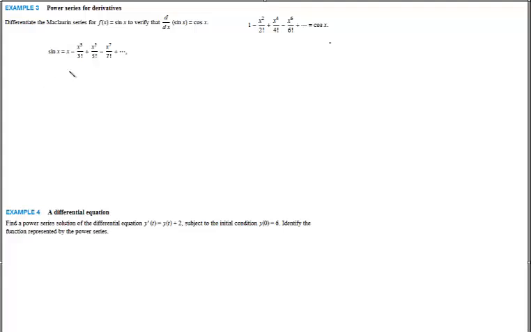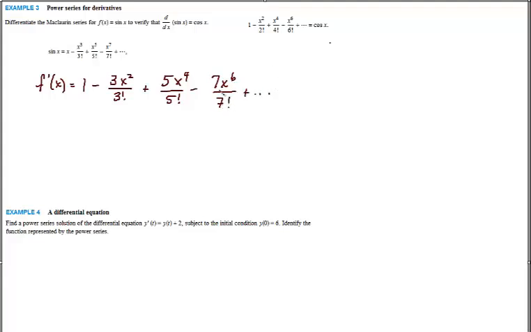So in finding f prime of x for this one, that's going to be 1 minus 3x squared over 3 factorial plus 5x to the 4th over 5 factorial minus 7x to the 6th over 7 factorial, and so forth.